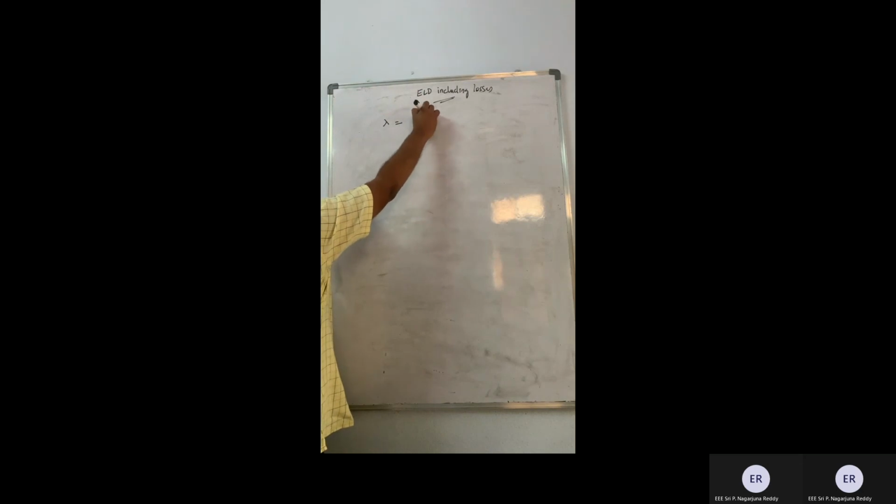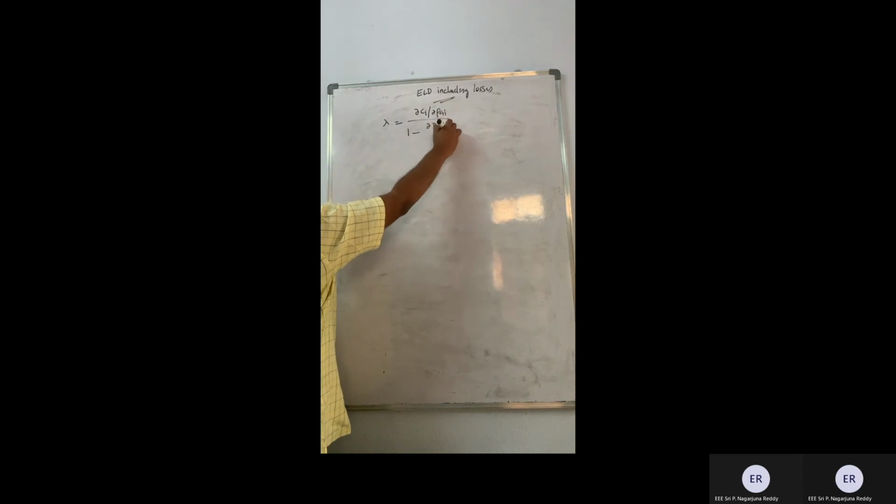So we will come back to the problem which we discussed yesterday. We discussed yesterday that for solving the economic load dispatch problem, including losses, the condition for economic load dispatch is this.